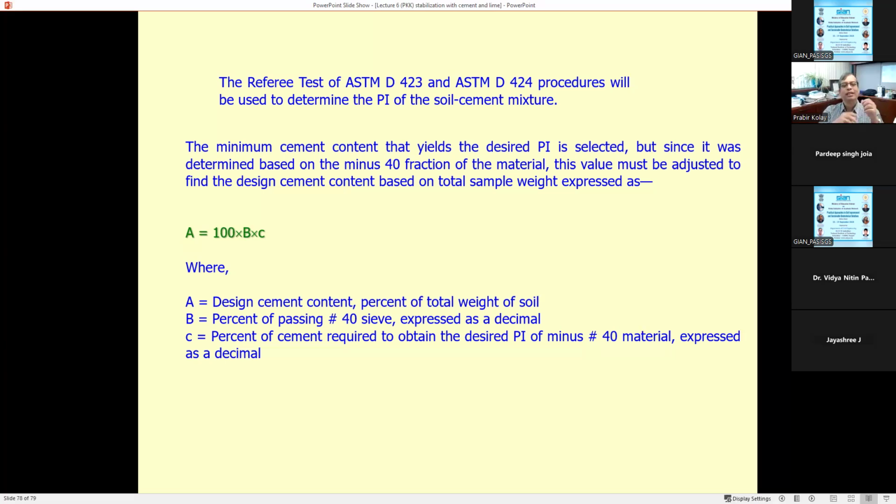Then cement, lime and fly ash: if it is a pozzolanic material, you need to add a little bit of lime and fly ash, lime and cement, then the reaction is going to occur. Then you need to do several trial and error tests and find out the optimum. The only thing is that lime has a lime fixation point. More lime is not good. With more lime, the strength will go down.